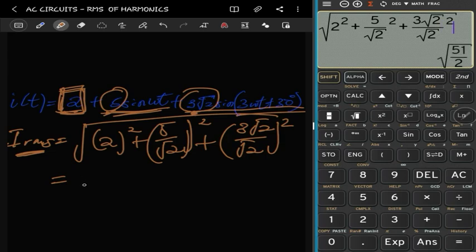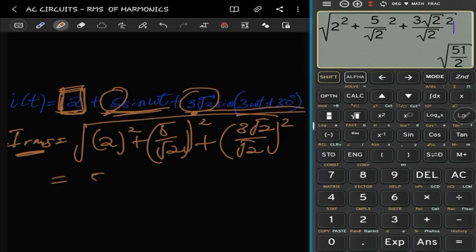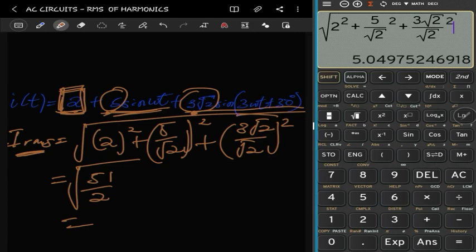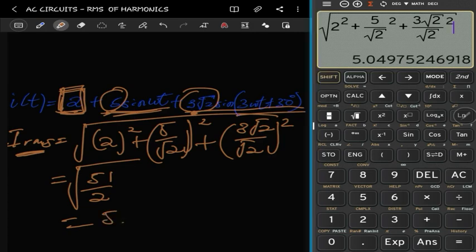Right. And that ends up giving us root of 51 over 2. That's about 5 point something. Yeah, so that gives us 5.0496, and because it's current, that's RMS current in amperes.